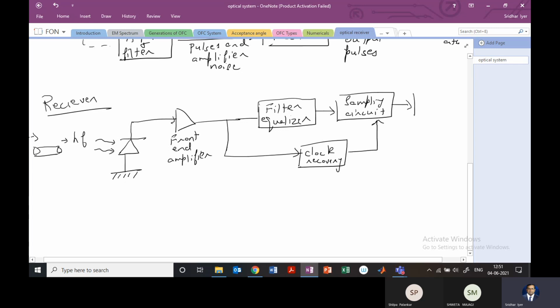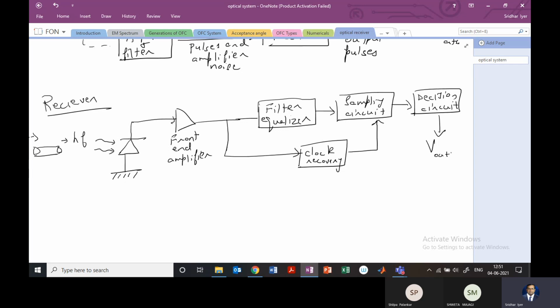And then finally all of this is followed up with a decision circuit, and then what we get from the decision circuit is V out, that is the voltage output. Okay. So it is V subscript out, right?